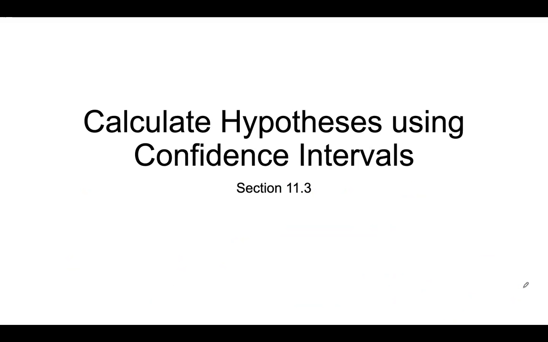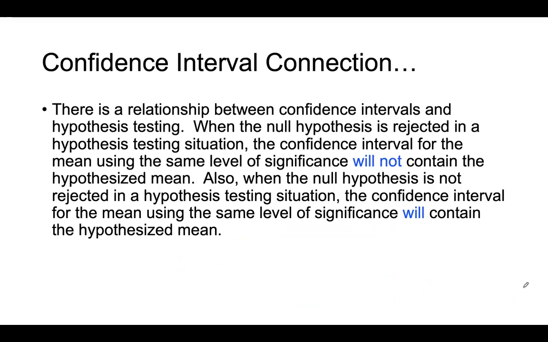Calculating hypothesis tests using confidence intervals. I kind of said that earlier already this morning, but we're just going to repeat it to drill it in your mind. There's a relationship between confidence intervals and hypothesis testing. When the null hypothesis is rejected in a hypothesis test, the confidence interval for that mean using the same level of significance will not contain the hypothesized mean.